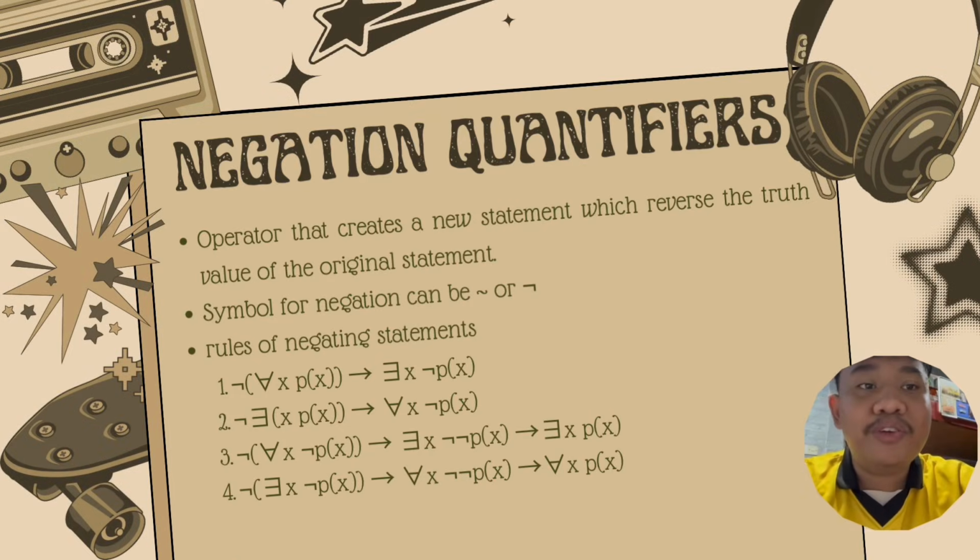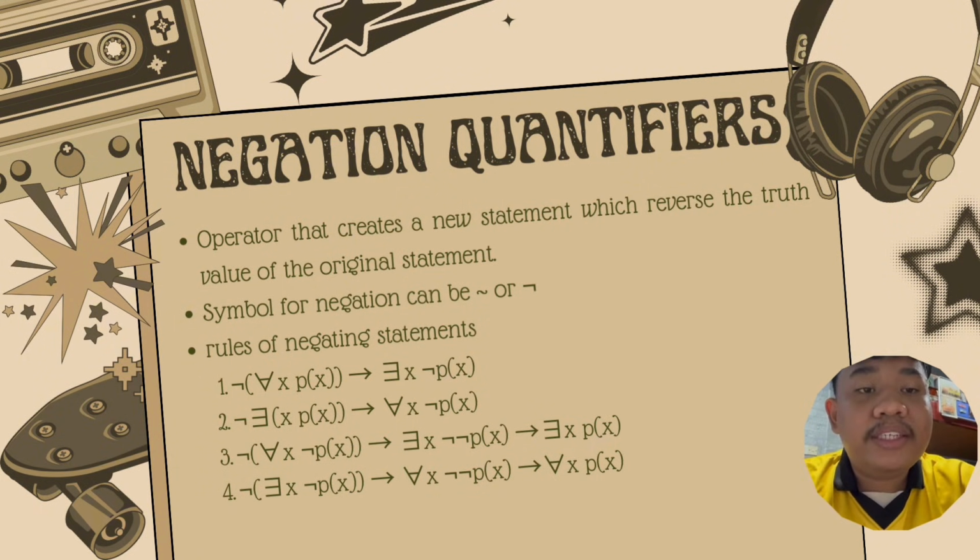Now, let's move on to the negation of quantifiers. Negation is an operator that creates a new statement which reverses the truth value of the original statement. The symbol for negation can be written like this or like that. And then the rules for negating statements. First, the negation of for all x, P(x), is there exists x, negation P(x).